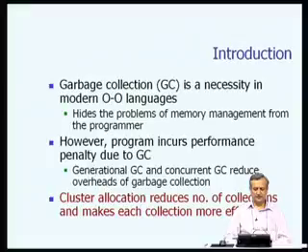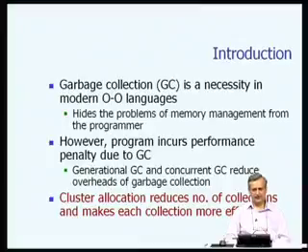So, for example, generational garbage collection and concurrent garbage collection are two methods by which we try to reduce the overheads of garbage collection. So, what is generational GC? We are going to see a little more of this in the near future. So, basically we try to arrange objects into many generations, that is according to their age.